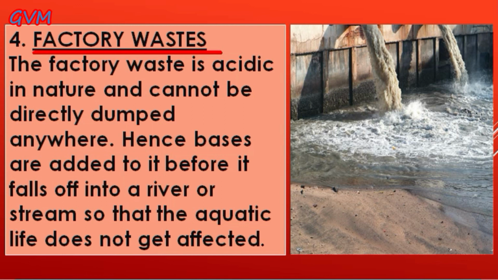So before dumping this factory waste, it is necessary to add bases to it so that it may not be harmful for other living organisms. That's why bases are used to reduce the effect of acidity in factory waste in order to save aquatic life.